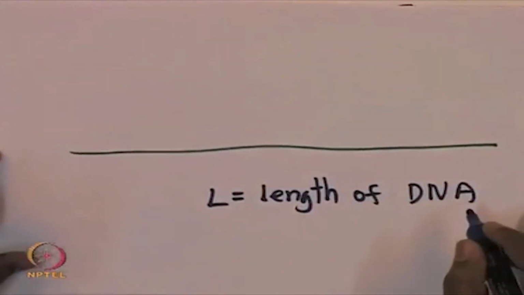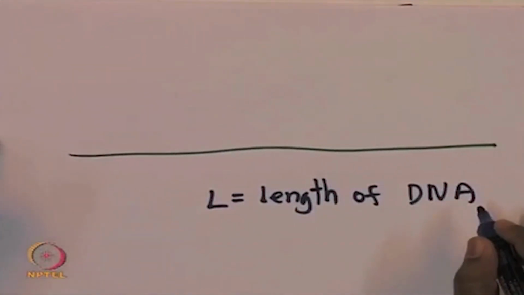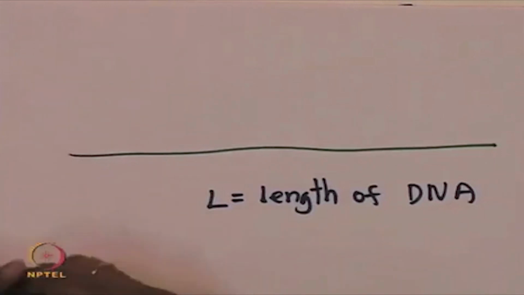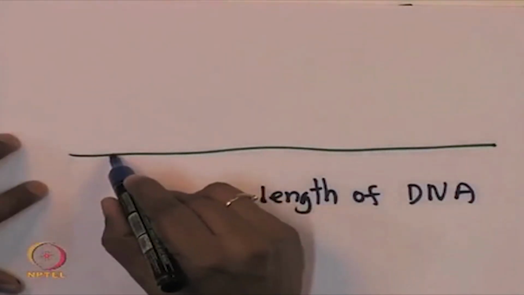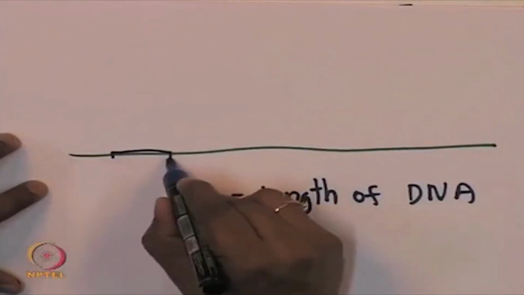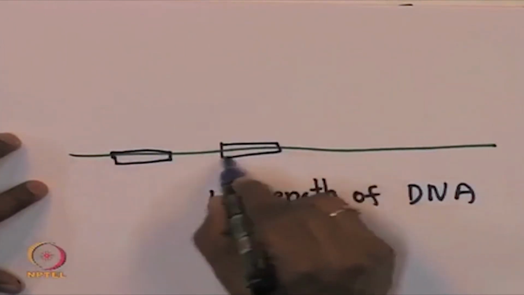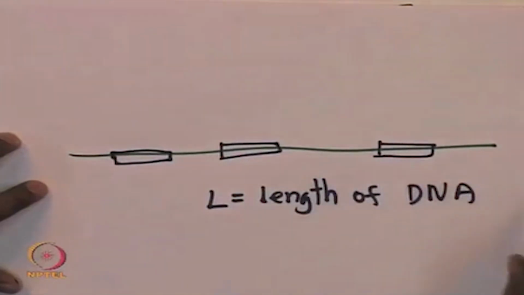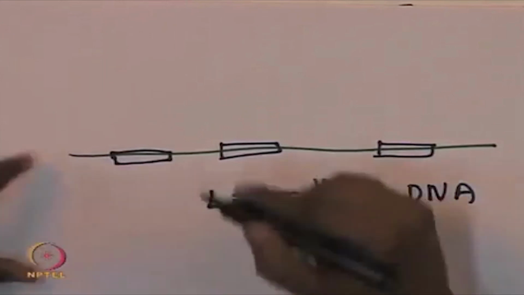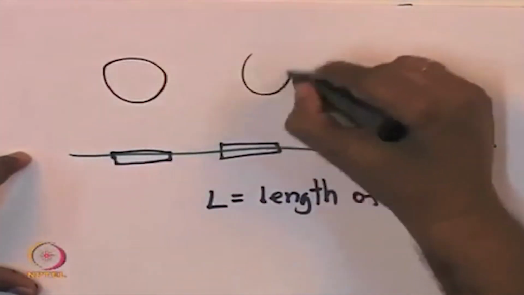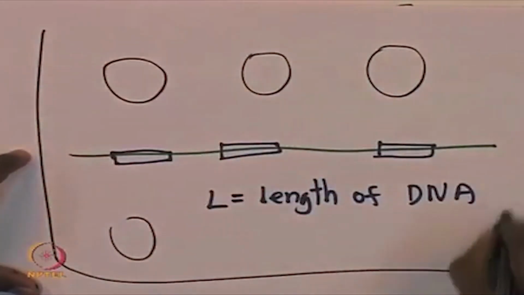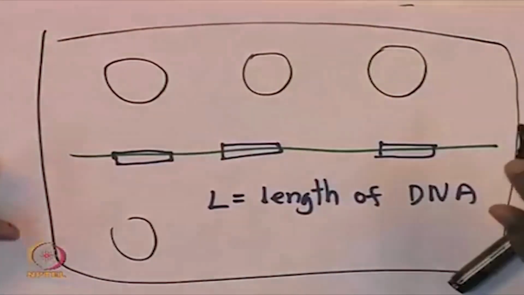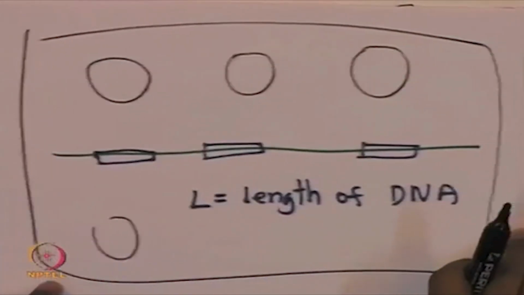You take, let us say, 1 kb, 2 kb or a few MB of DNA, and imagine that there are certain binding sites along the DNA. So, let us say there is a binding site here, there is a binding site here, and there is a binding site here. There are 3 binding sites, and there are various proteins in the solution. So, this is the in vitro situation we are thinking about.